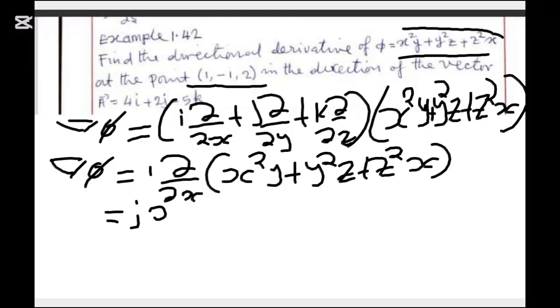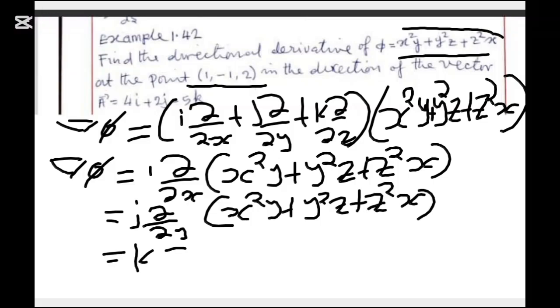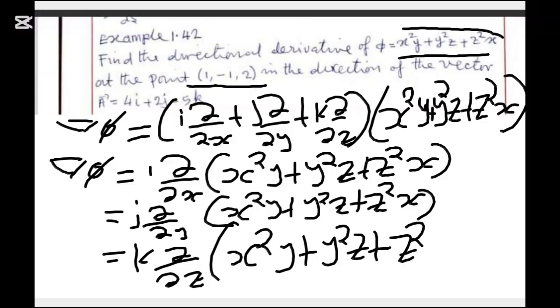And for j, we have x squared y plus y squared z plus z squared x. For k, we have also x squared y plus y squared z plus z squared x.